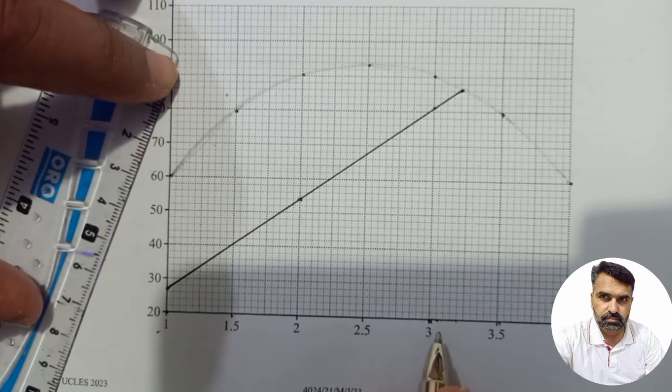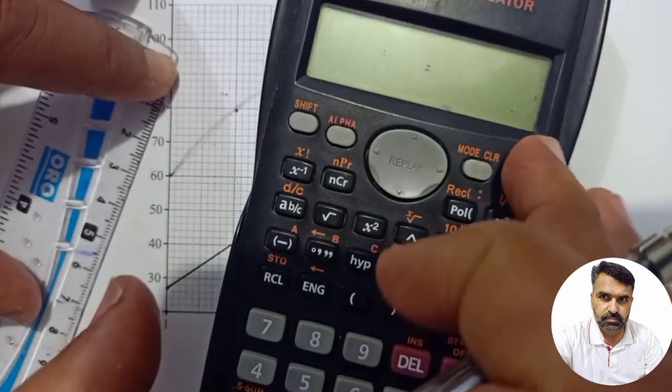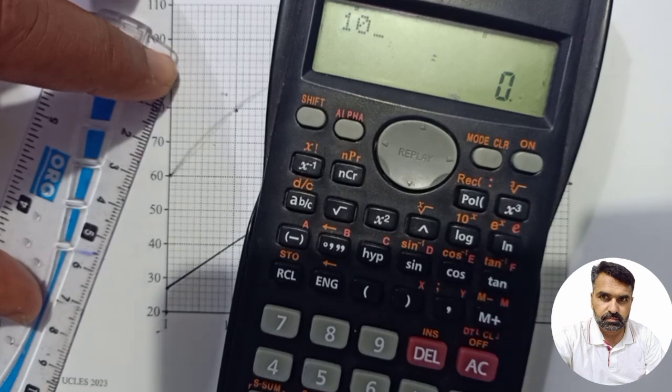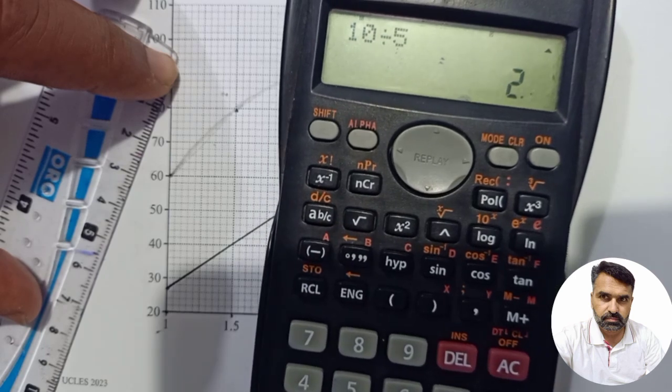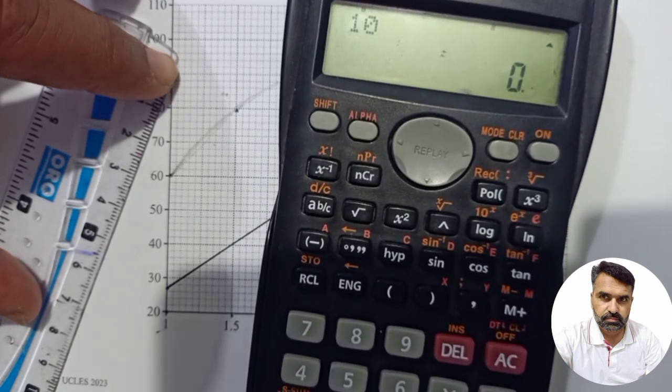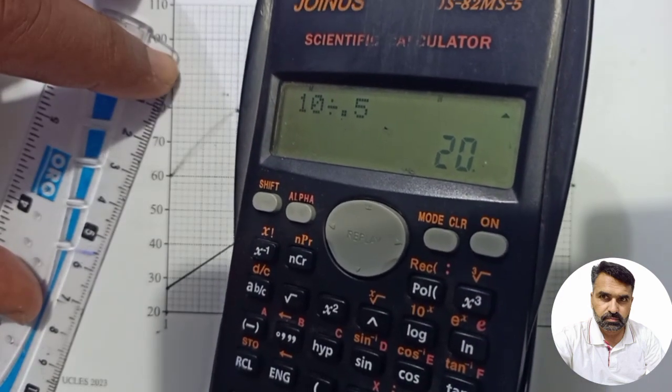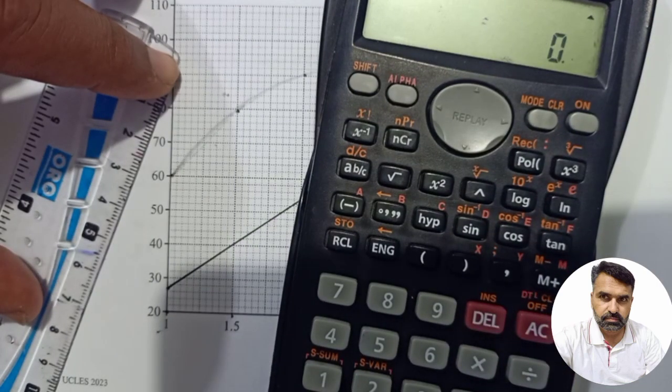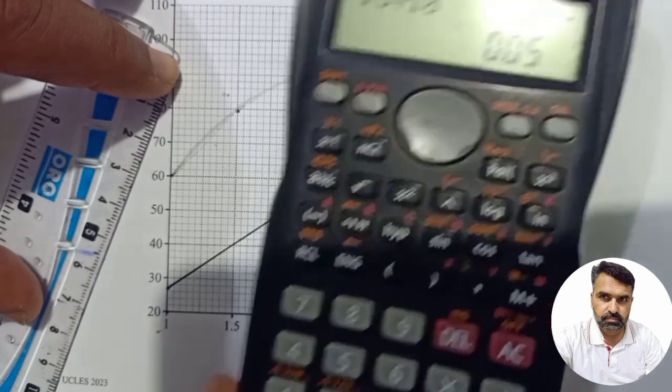One line is indicating 0.02. Again I can find it as 10 divided by 5, and each point is indicating 0.5 divided by 10. So each line is indicating 0.05.